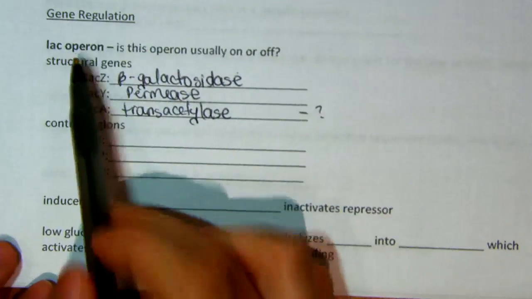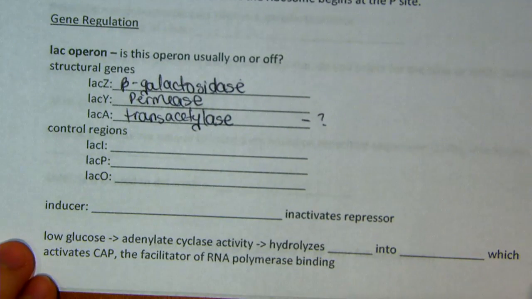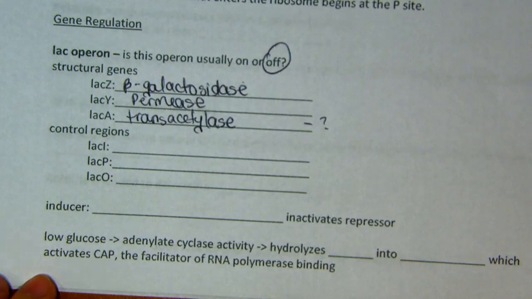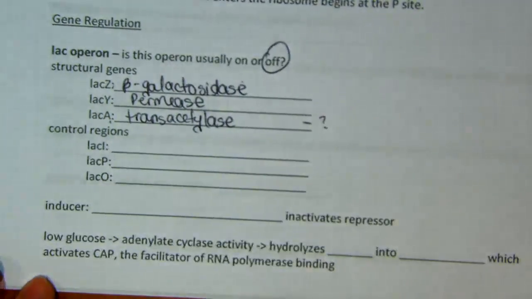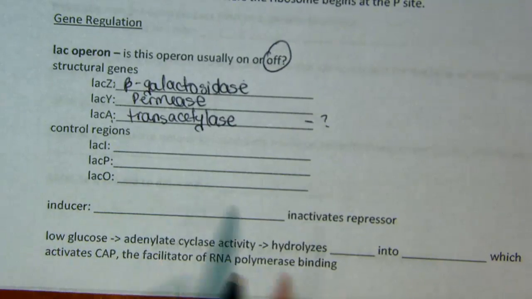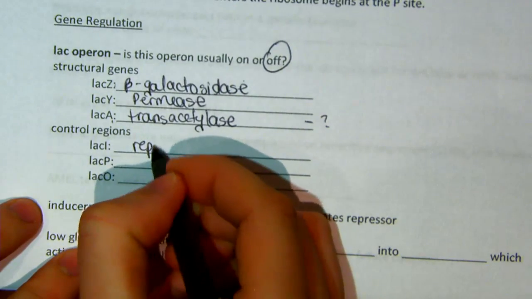Oh, and I skipped something. Is the lac operon typically on or off in a bacterial cell? Good. It's usually in the off position, and it's turned on under certain conditions. So Z, Y, and A are structural genes. That's super important to know. And then there also are control regions, not necessarily genes. So the LAC-I is the repressor.